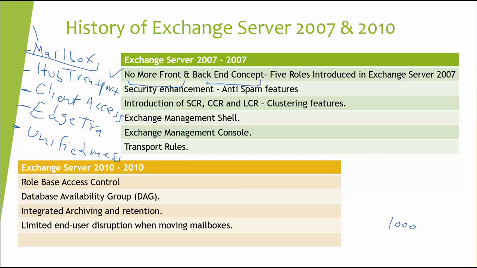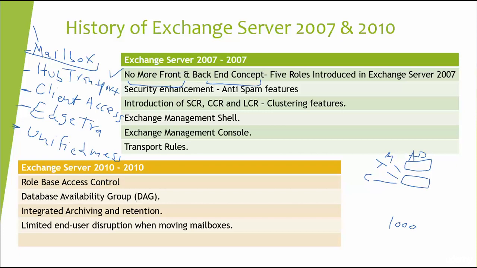So the first thing that you will do is use the first server to install Active Directory, because Active Directory or domain controller is a requirement for Exchange Server 2007. And then the second server that you will use as an Exchange server, where you will install the mailbox server role, transport role, and then client access role.